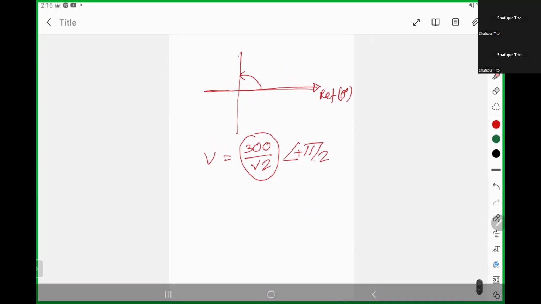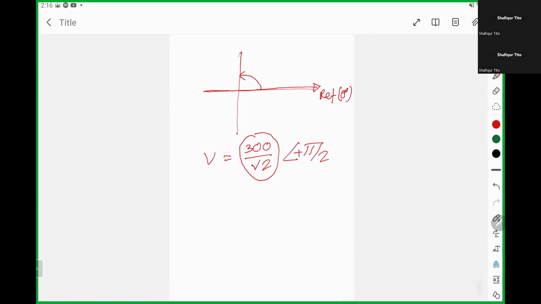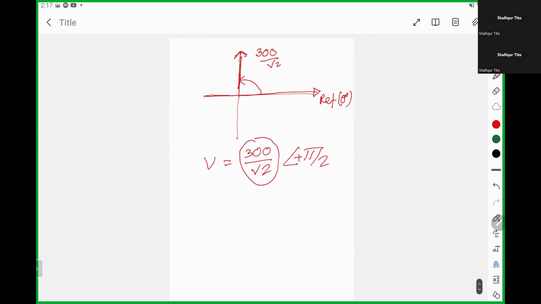This is the angle, and then the magnitude I measure from 0 in this direction: 300 divided by root 2. This length should be proportional to the magnitude. This is the graphical representation of polar vectors.